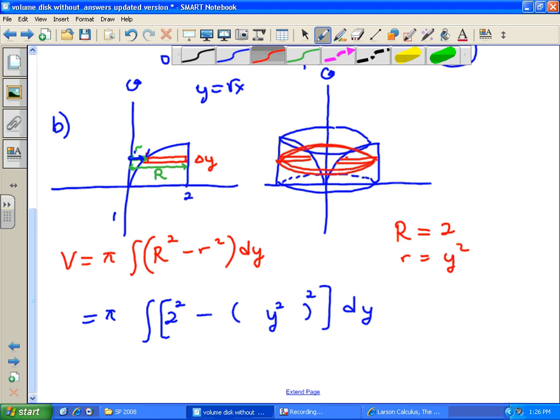So what point do you think corresponds to right here? If this is 2, and this is the square root of x function, what do you think will be the y limit up there? Root 2, right? The square root of 2? Because it's the function y equals root x, at x equals 2, you have y equals root 2. So the limits are going to be from 0 to the square root of 2.